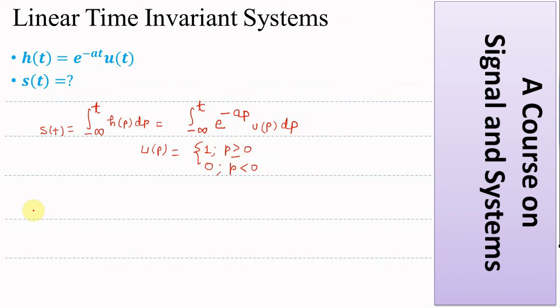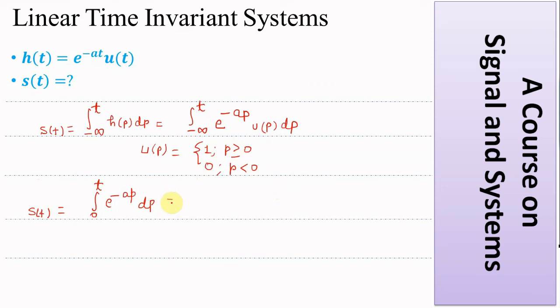So I can write s(t) as equal to the integration, which now starts at 0 because the p variable starts at 0. It goes up to t, and I write e raised to the power minus a p dp.